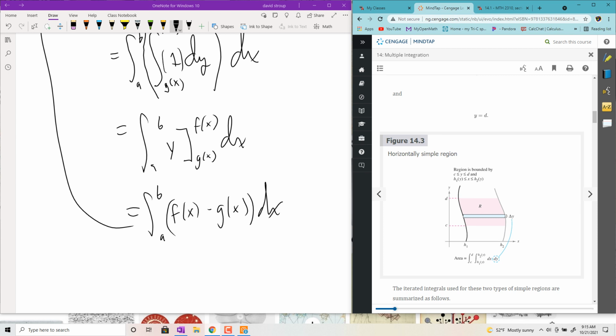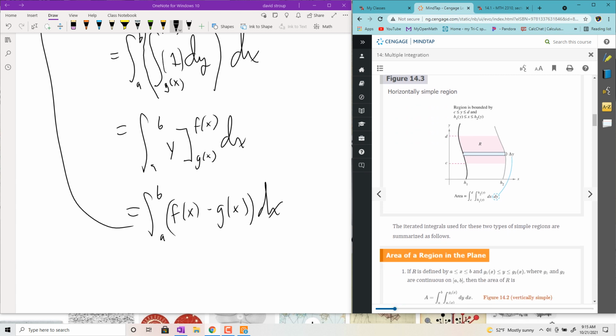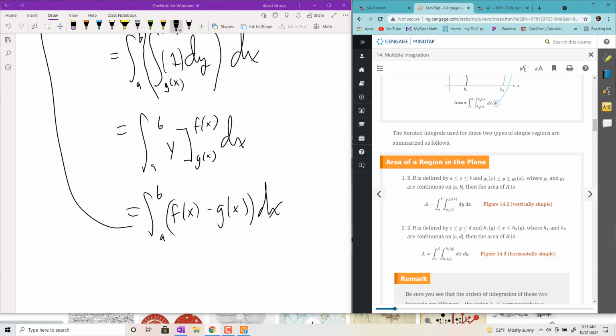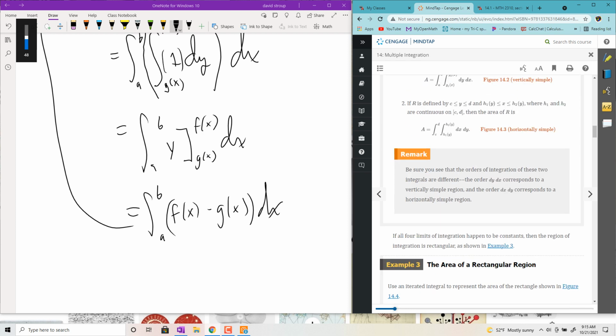So you imagine you're running up the flagpole, so to speak, going up the y-axis. The top curve would be the right curve, the bottom curve would be the left curve, and then the bounds on that going from point to point, the C to the D, those are horizontal lines, so that's considered horizontally simple. Okay, so there's those ideas.